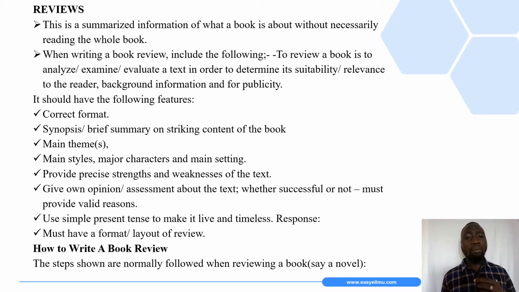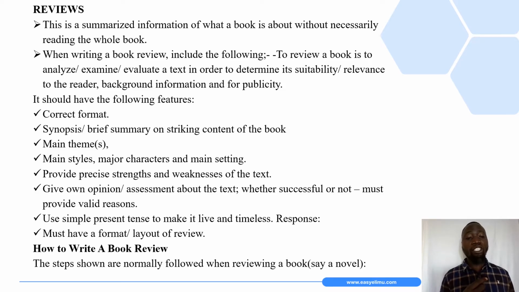So when writing a book review, include the following. These are some of the features that you must ensure that you include in your book review. The first one is a correct format. We are going to look at the format that is said to be correct. Apart from the correct format, we have the synopsis.